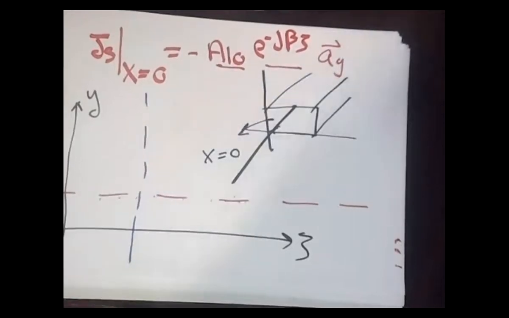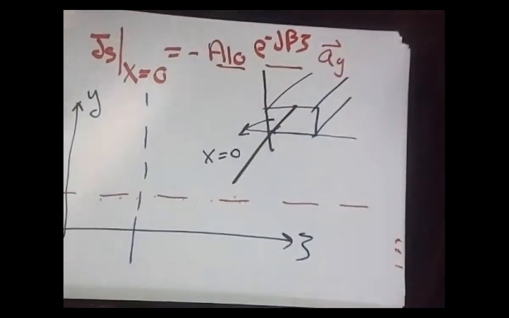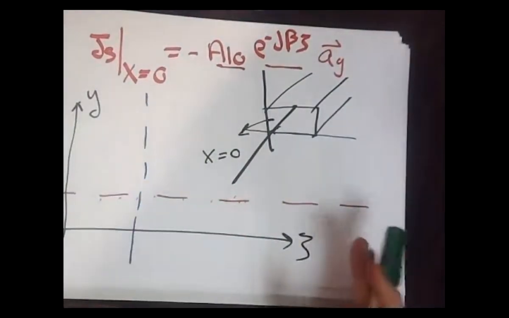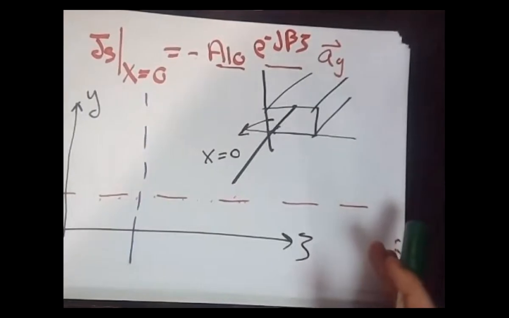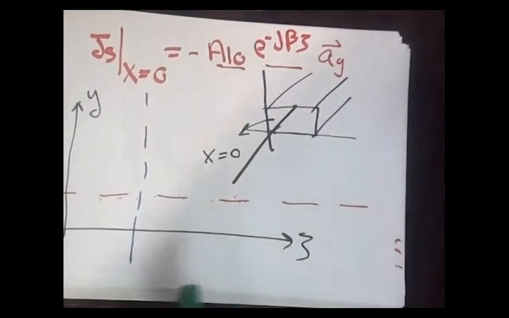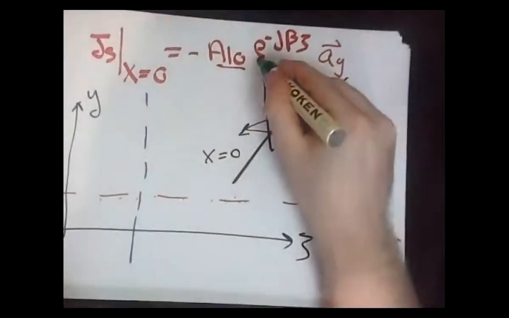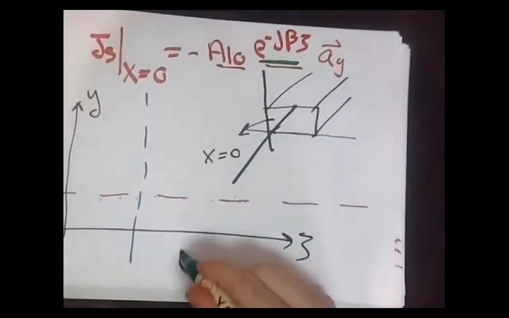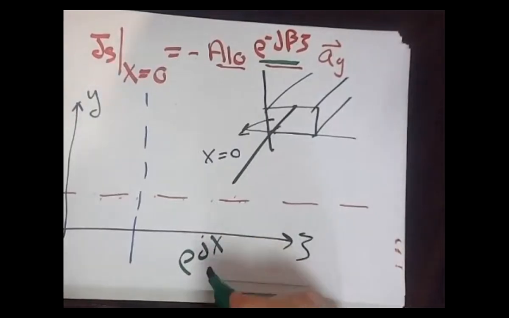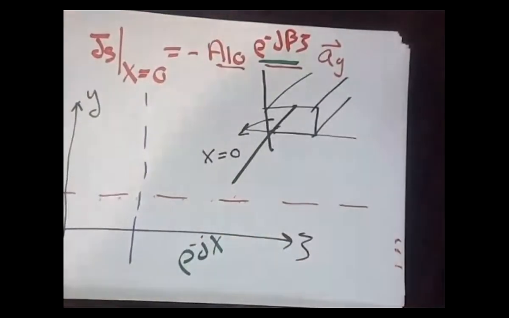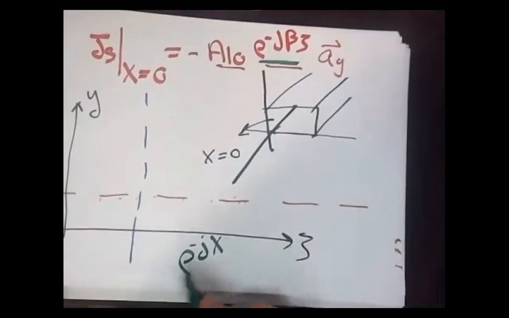So what we are going to do is express where this function is constant, where this function is maximum and where this function is minimum. If we investigate this exponential, e power j x or negative j x doesn't matter, because it's an even function.